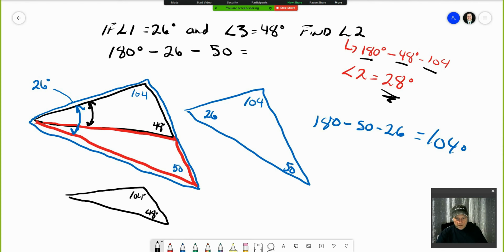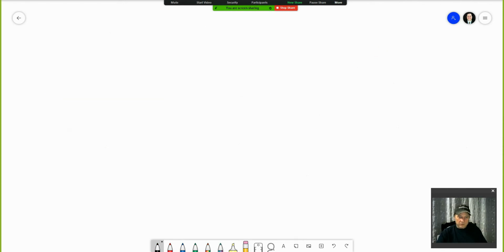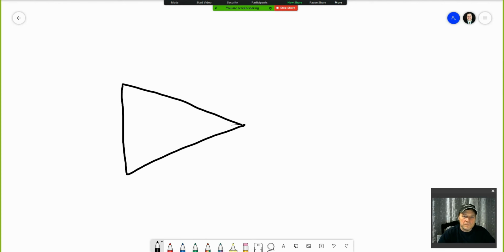Let's just go back to maybe a little bit simpler triangles to see if we can solve some easier problems. Let's take this one for instance. All right, we're going to call this our triangle EFG, okay?